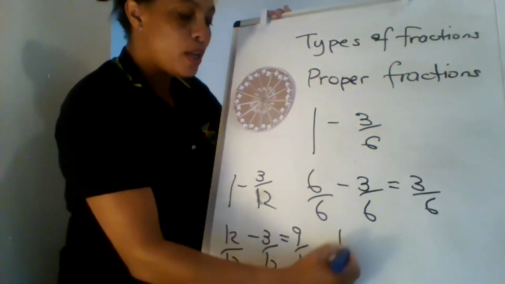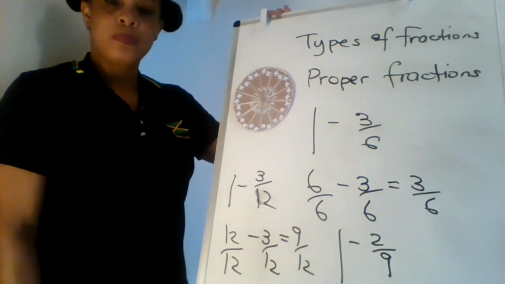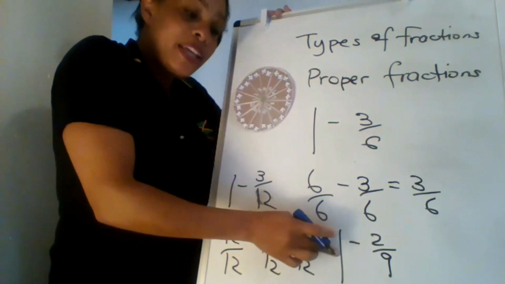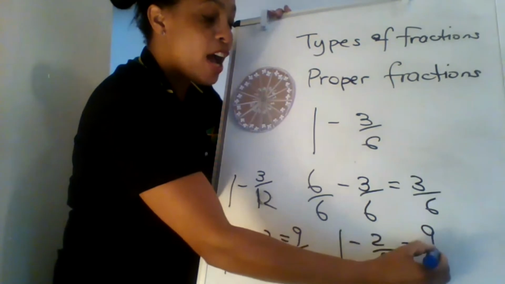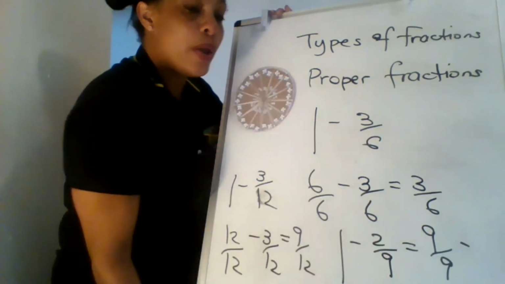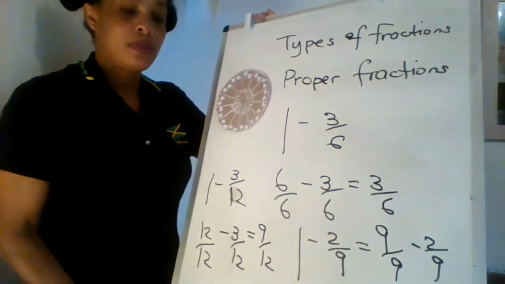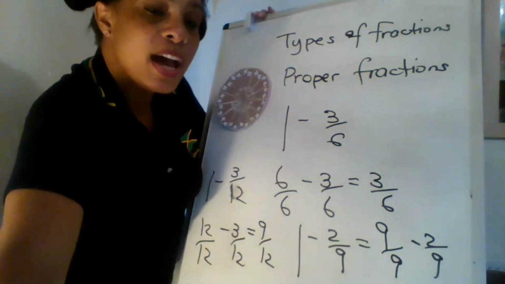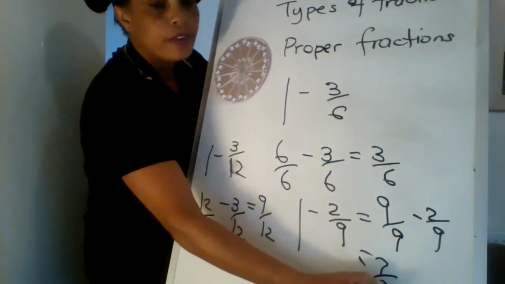What about 1 take away 2 out of 9? All that means is that 1 cake I've cut up into 9 parts. So I could change this and write 9 out of 9 take away 2 out of 9. And then my answer to that would be 7 out of 9.